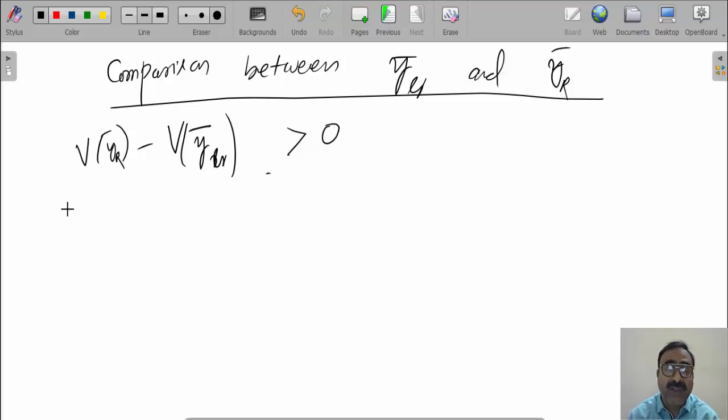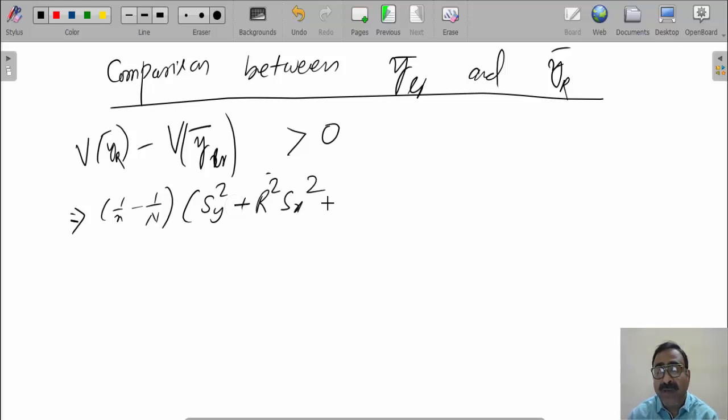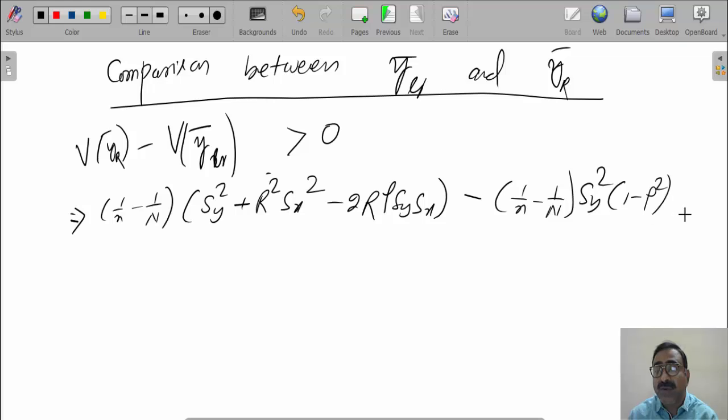For the ratio estimator, we have the variance (1 by small n minus 1 by capital N) (sy square plus r square sx square minus 2r rho sy sx), minus (1 by small n minus 1 by capital N) sy square (1 minus rho square), greater than 0.